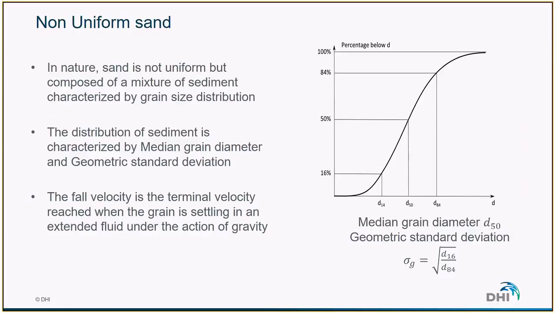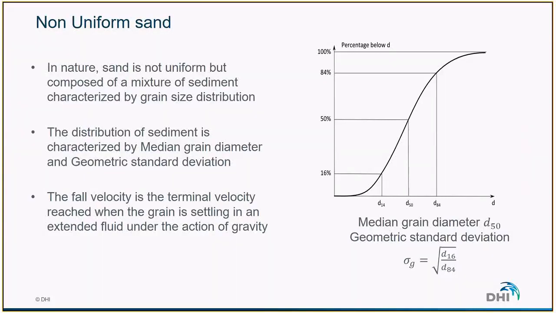And in order to describe a non-uniform sand, we need to have characteristics of the sand we are working with. One of the important characteristics is a grain size distribution. Here you can see an example of a grain distribution curve.